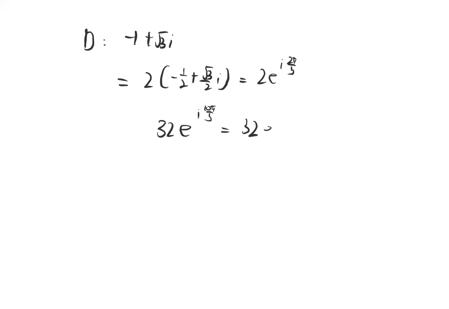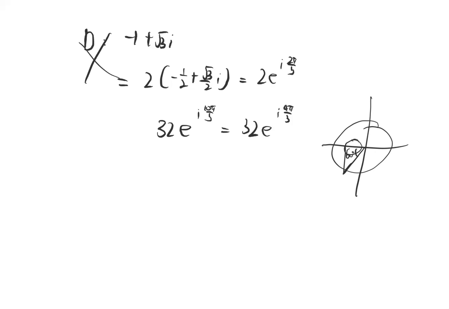We get something like this. And if you draw a unit circle, this will be here. This is 60 degrees. And you can immediately eliminate this answer because you see the real part is negative, while the other answer choices we have seen are all positive. So this one's definitely wrong.